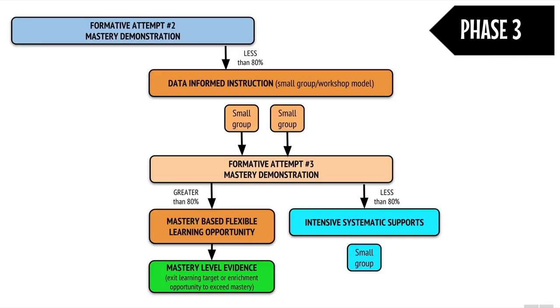When you get to this bottom rung, and you've got these intensive systematic supports, these are kids who probably are going to pop up maybe at MTSS. You're going to want to use some evidence-based, research-based instructional strategies in the classroom with these kids.